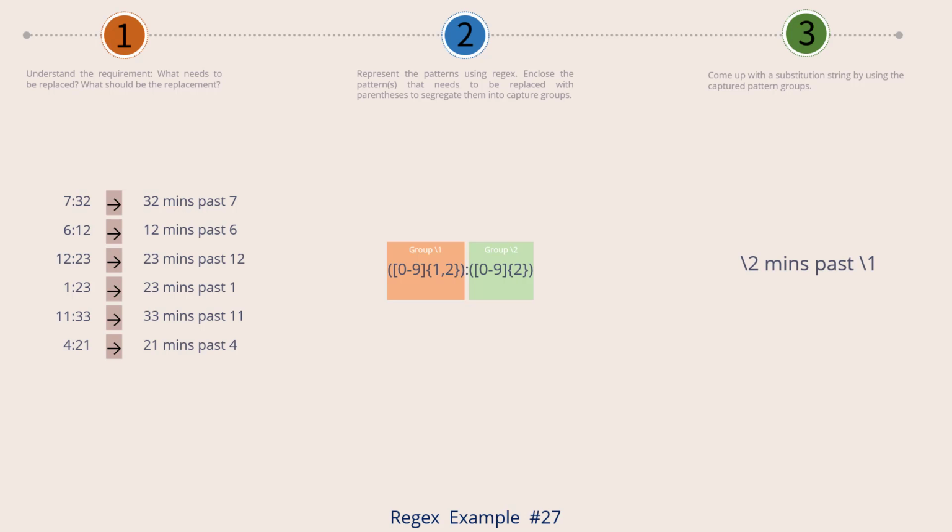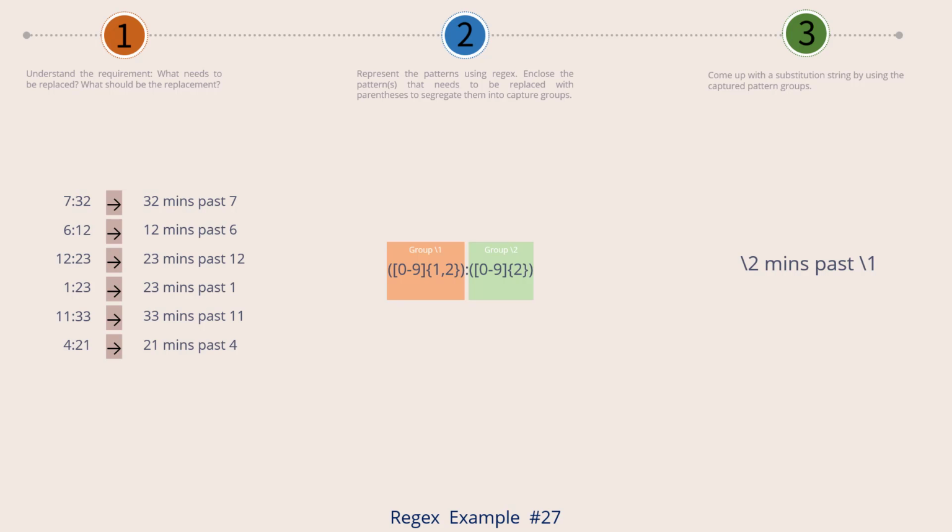Let's now move to the final step. Here we come up with a replacement string. The string should be of the format x minutes past y. So we write down this phrase and in place of the hour and minutes, we use the capture groups. So when the replacement engine sees \2, it will go back and see what the capture group number 2 was.